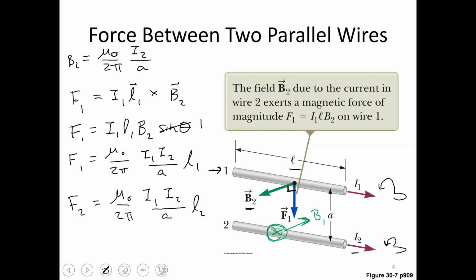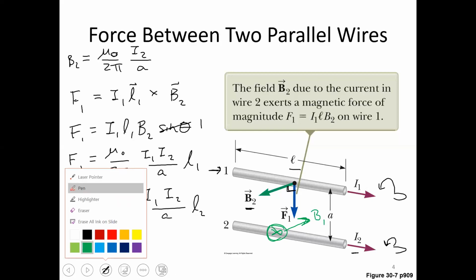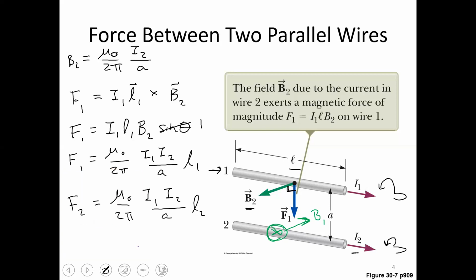And we can figure out that the force that wire number 2 is going to feel because of this magnetic field from wire number 1 is going to be an equal magnitude. But if we use our right-hand rule, it's going to be in the opposite direction. So this is our force. Our force on wire number 2 is in the opposite direction.